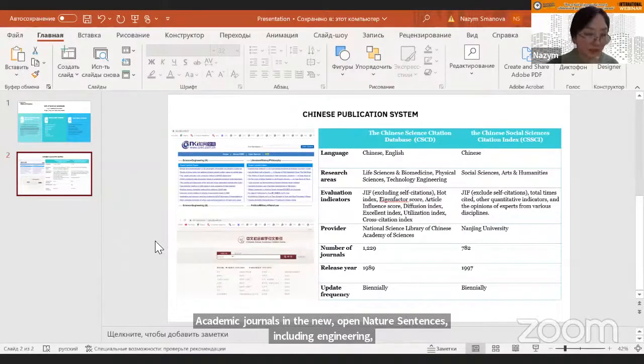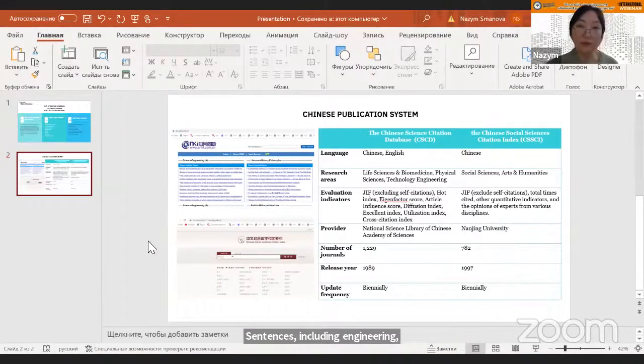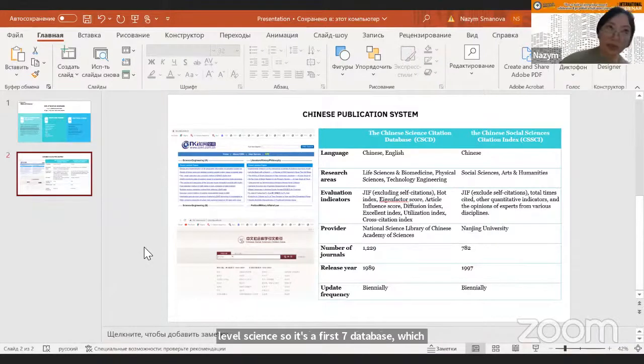And the most notable feature of CSCD is that it offers cross-database search with the Web of Science. So it's the first ever database which includes non-English language journals.